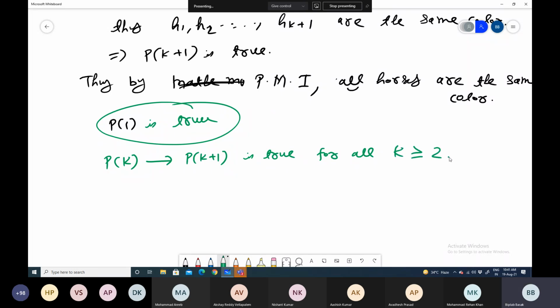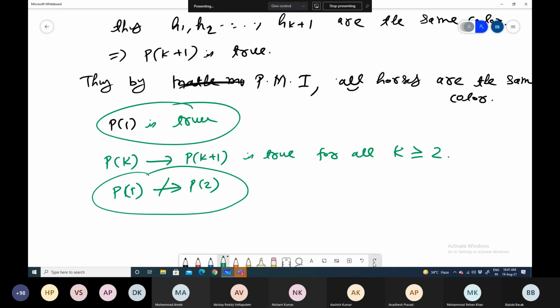The only problem is that P1 does not imply P2. Or better to write, P1 implies P2 does not hold.